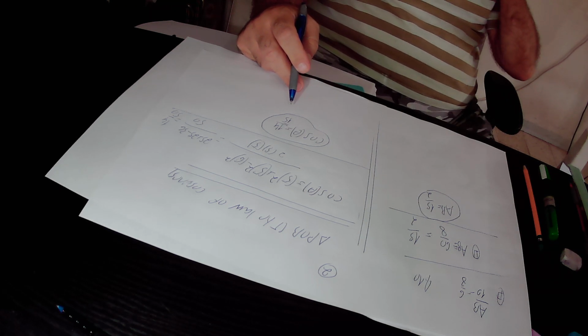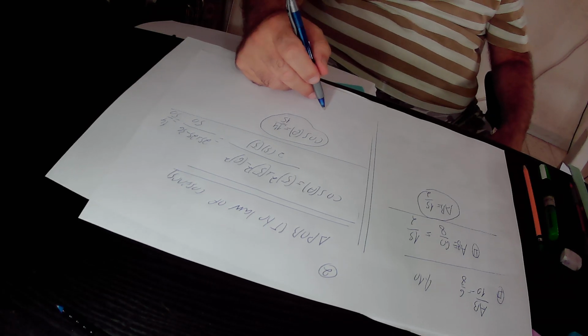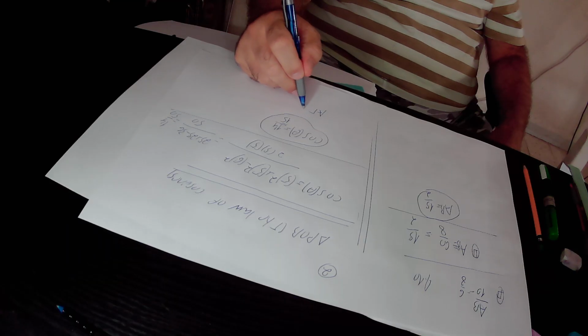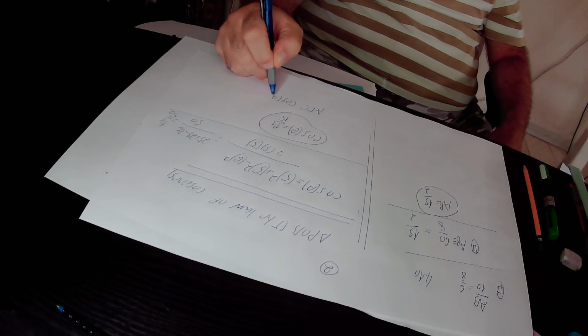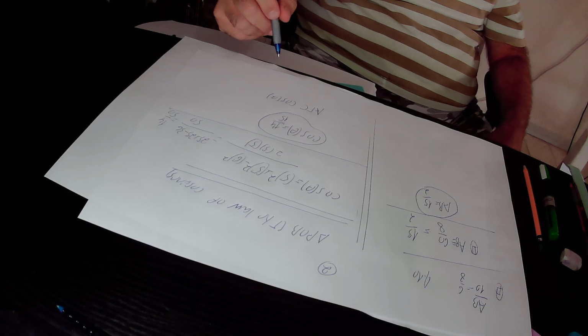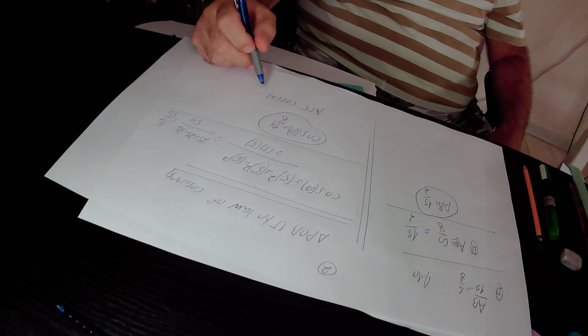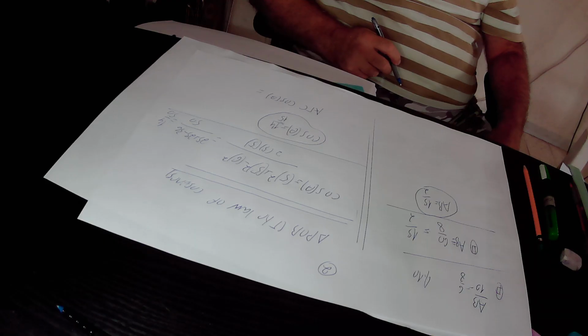In this way, we get the value of theta itself. So, arc cosine, the opposite function of cosine, is equal to what?